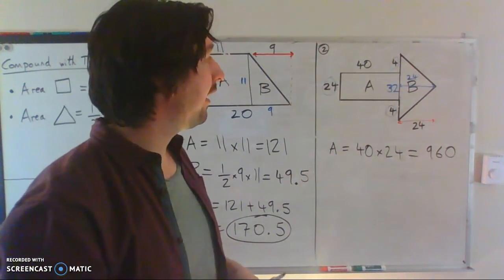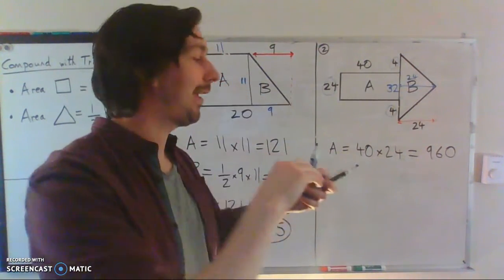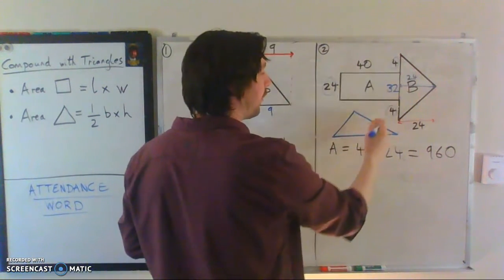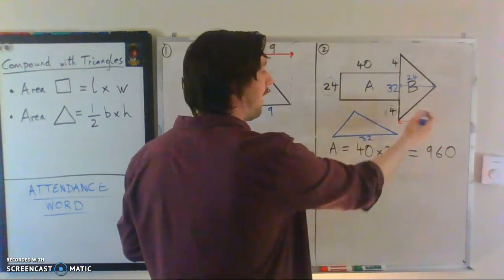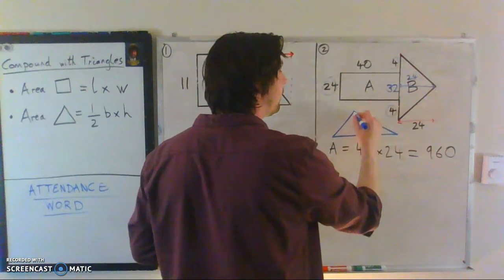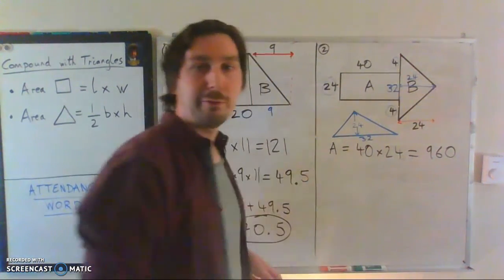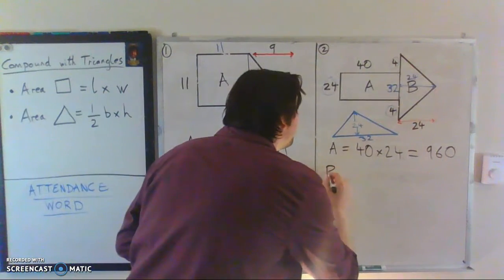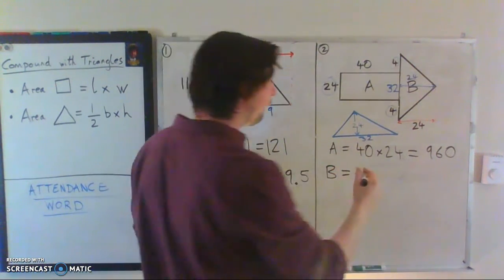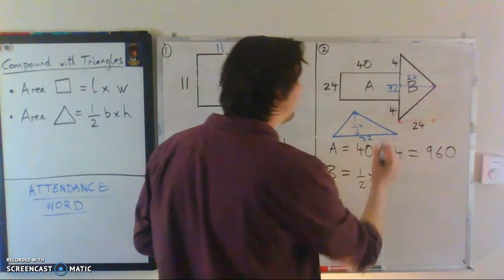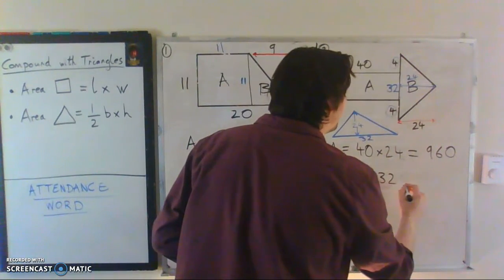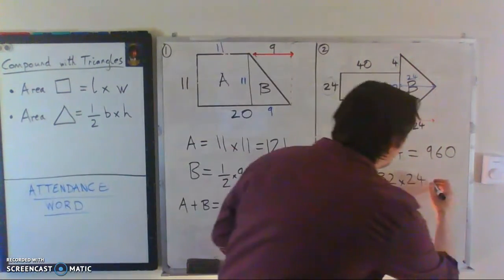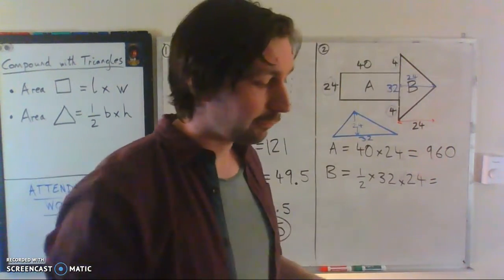So when I'm doing this triangle, it might help to think of it on its side, like this. And I've got my 32 and my 24. Hopefully you can see that okay. Then the area of B is half of 32 times 24, which I wrote down gives me 384.